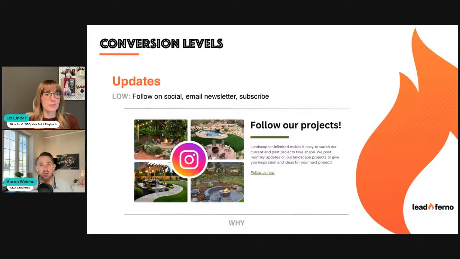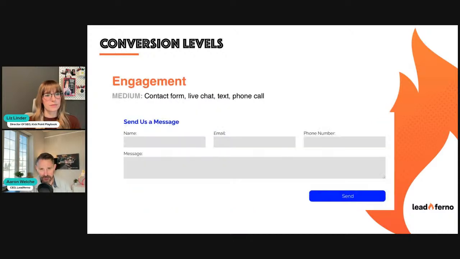So if you want to follow along and get updates on the start, the during, the after, video clips of this, everything else, you want to use Instagram to do that. It's a great way to get somebody to immerse in your brand, get ideas, get inspiration, and start seeing your quality work. But now you're giving them a reason, instead of just throwing that Instagram icon in your header or footer, by actually putting a piece of content within your page and letting them know that they can do this.